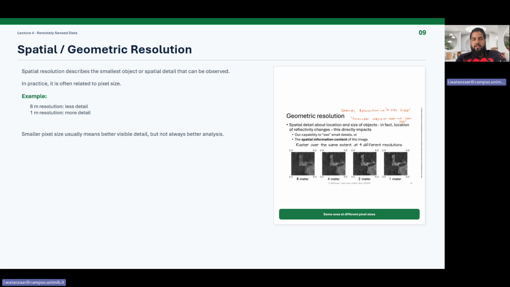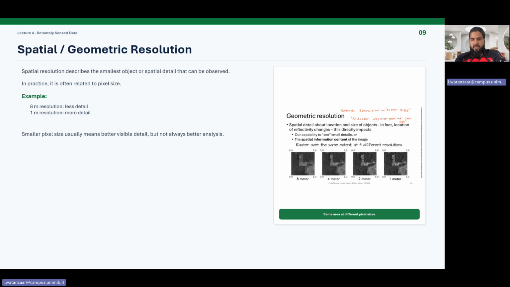The smaller the pixel size usually means better visible details. As we make the pixel size smaller it means more details, but not always better analysis. We saw this point in the case of spectral resolution. It depends upon the classification accuracy while processing such a huge amount of data, which is associated with cost, storage, and processing.